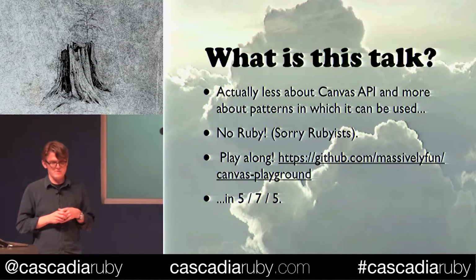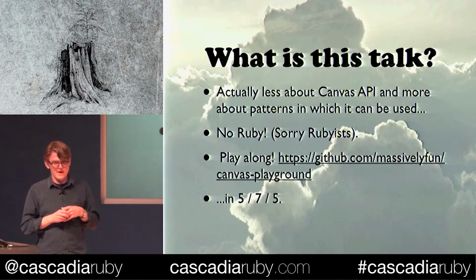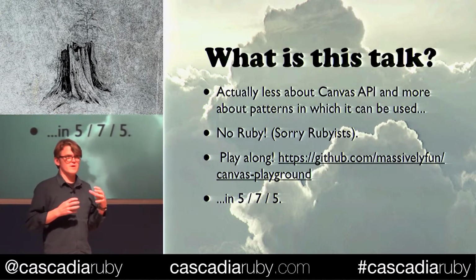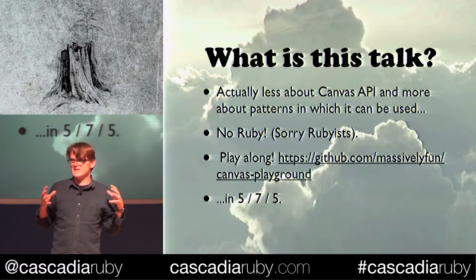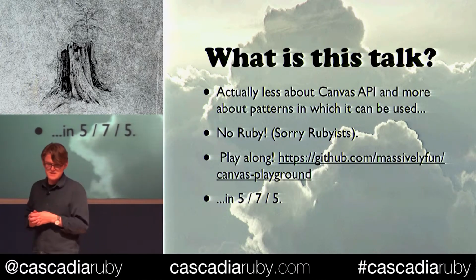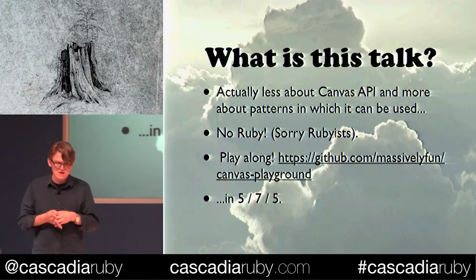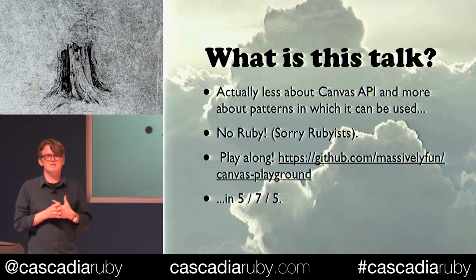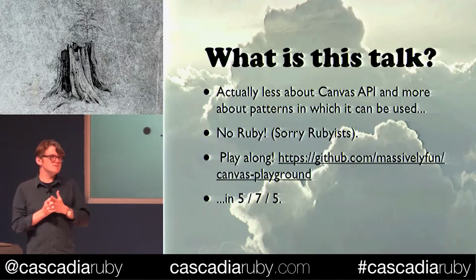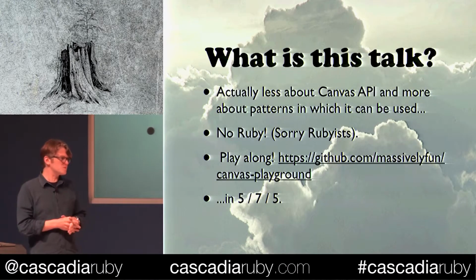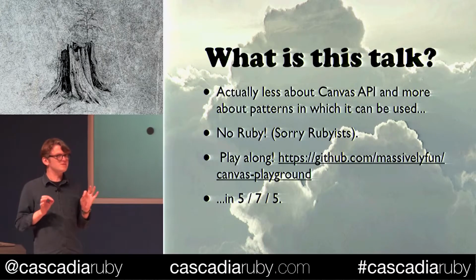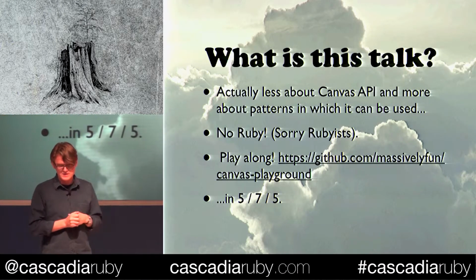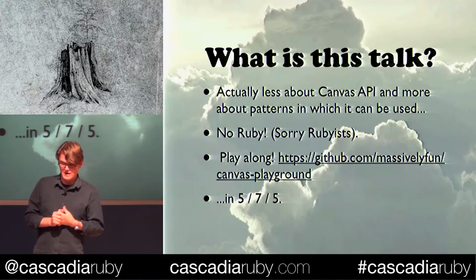in the Canvas API. So I had this idea that I wanted to, in the spirit of Ruby cones, do Canvas haiku. And so I started doing some of this talk as haiku, and it ends up being really challenging. The API calls tend to have a lot of syllables, so fitting them into 5-7-5 is kind of hard, but there's some terrible haiku that's left in this talk, and I apologize in advance for that.